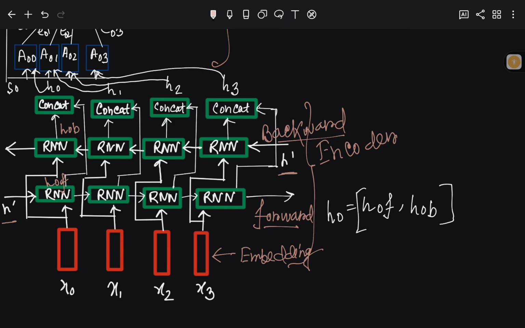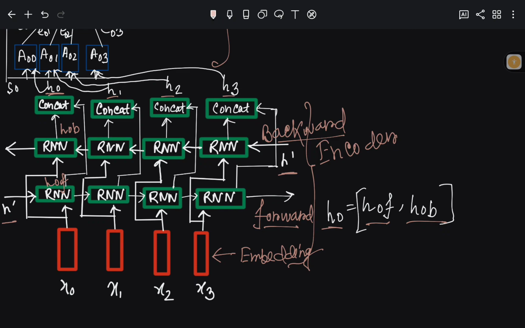For every other time step we also get the two corresponding outputs from the forward and backward RNN, and once we get that, the general tendency is to concatenate those two outputs and get a final hidden state. So this H0 is a representation of H0F, which comes from the forward direction RNN, and H0B, the hidden state from the backward direction RNN, and we concatenate them and get H0. We can also get H1, H2 and H3.